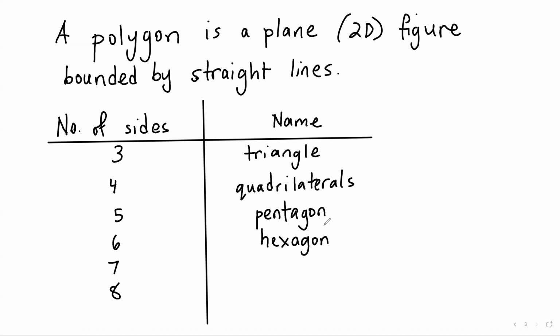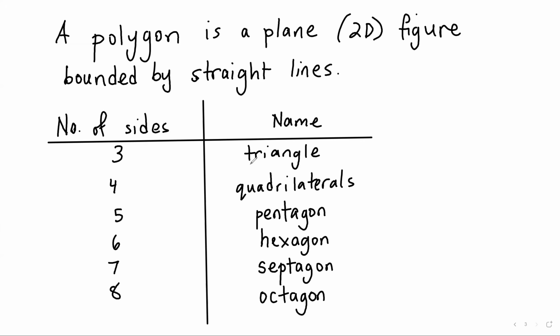What about seven? Septagon. And then eight is octagon, nine is nonagon, 10 is decagon. So the prefix tells us the number of sides.